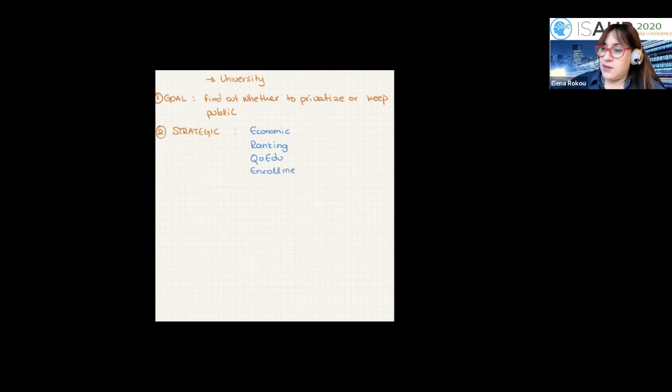A university without students kind of dies, so that's pretty important. And this is a university that always cared about the research. So this will be part of my strategic objectives.